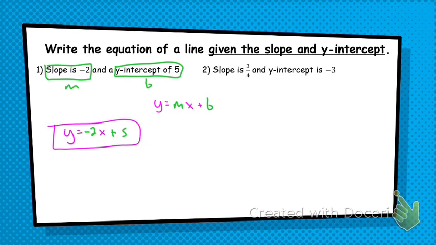And that would be an equation that would satisfy these conditions. Next one, same thing. Our slope is our m, so we would have y equals 3/4 x, and then minus 3 is our y-intercept.